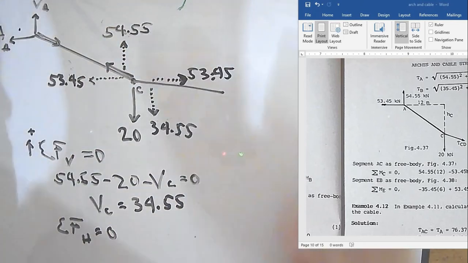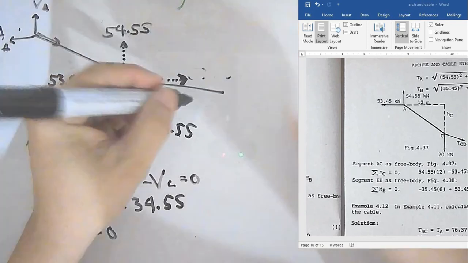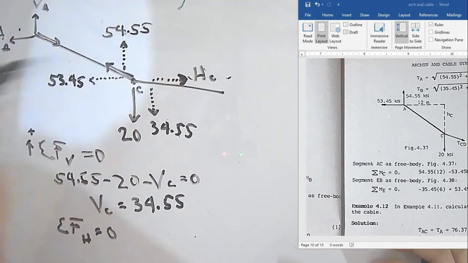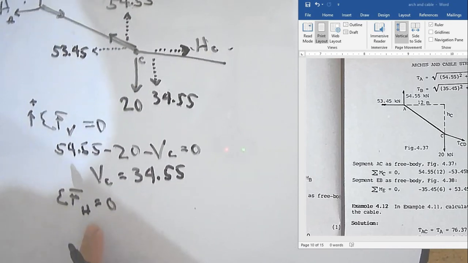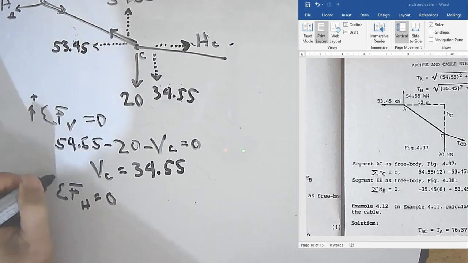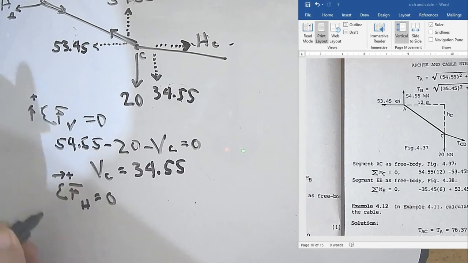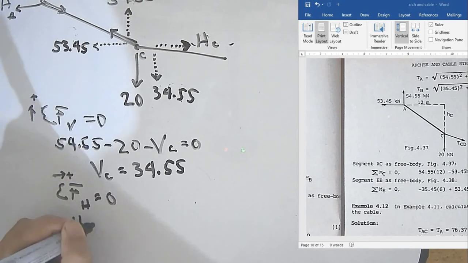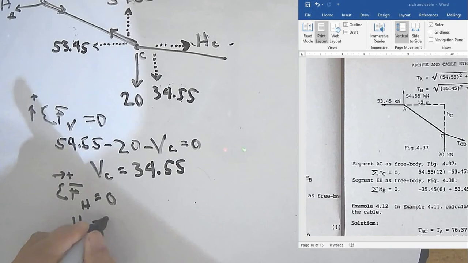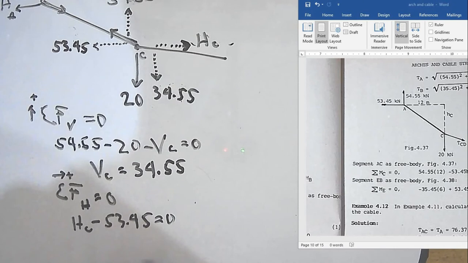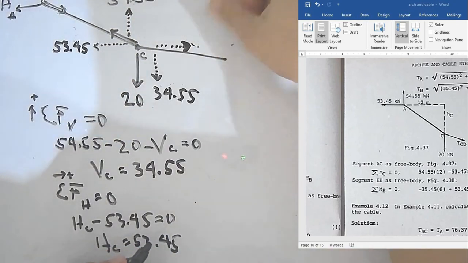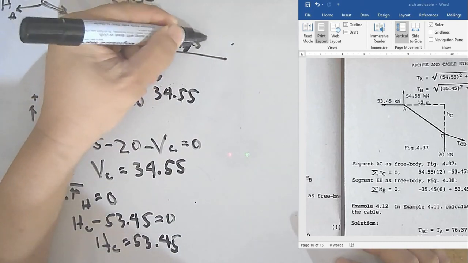Okay, let's take this as horizontal force at C. Summation forces horizontal is equal to 0, taking rightwards as positive. So, HC minus 53.45 is equal to 0. So, from here, HC is simply equal to 53.45. Okay? So, yan ngayon ang susulat natin dito. That is also equal to 53.45.